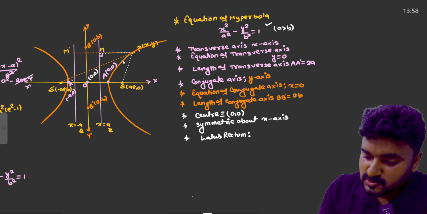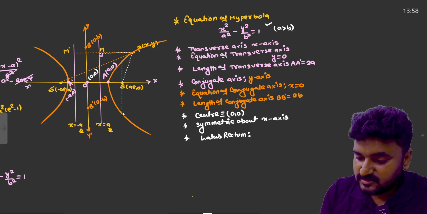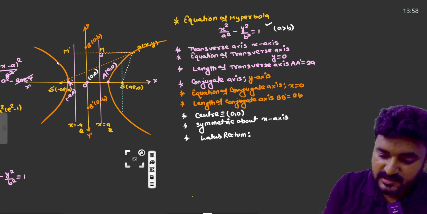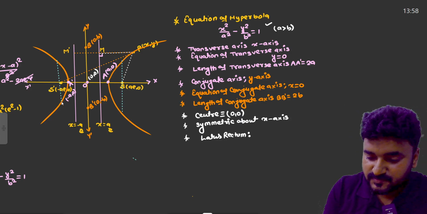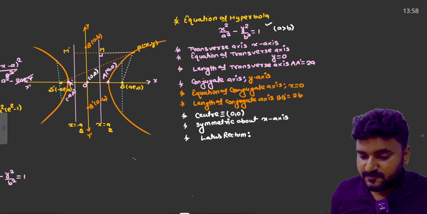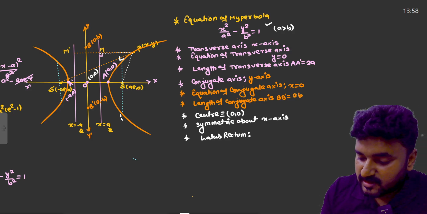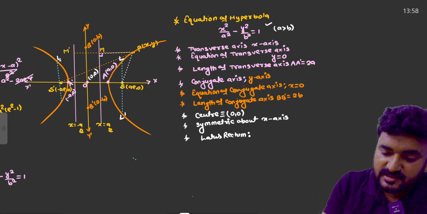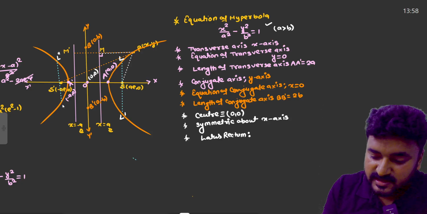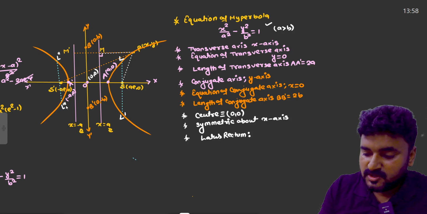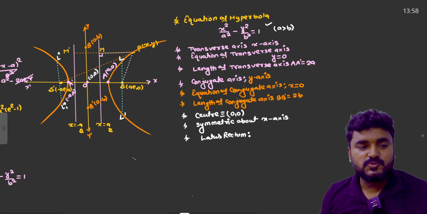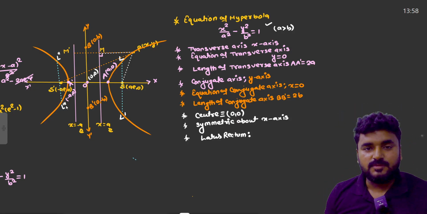Okay. So I can see that here is the focus S and here is the focus S dash. So if we take the perpendicular lines L and L dash, and here L double dash and L triple dash, these two lines are called the latus rectum of the hyperbola.